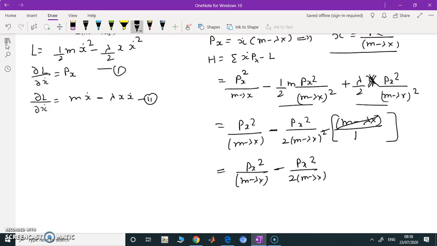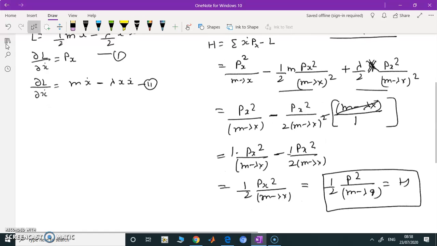If you solve it, this is 1 and this is 1 by 2, so we'll get 1 by 2 Px square upon m minus lambda x. Now I replace x by q, so it will be 1 by 2 p square upon m minus lambda q. So this is your Hamiltonian.